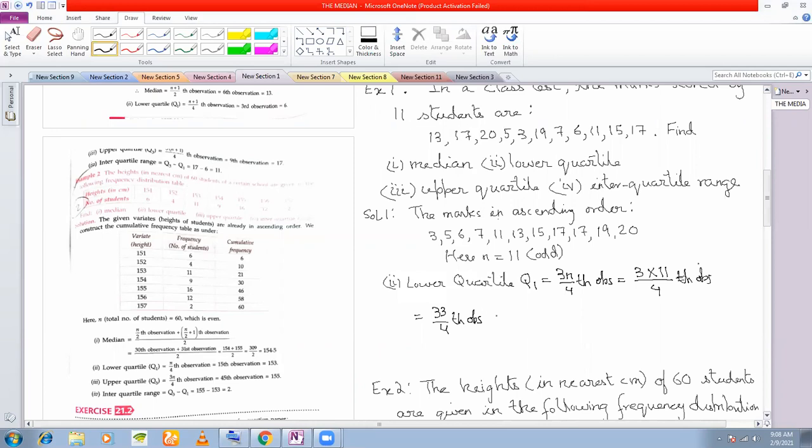And 33 by 4th observation is 8.25th observation. Now, obviously, you cannot find the 8.25th observation, so you find out the 9th observation. You have first, second, third, fourth, fifth, sixth, seventh, eighth, ninth. This is the 9th observation. So the lower quartile is 17.